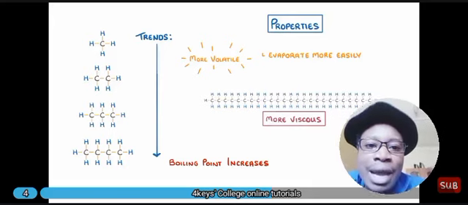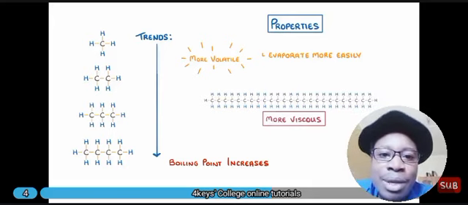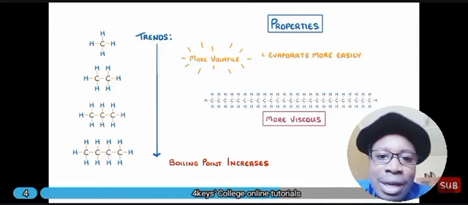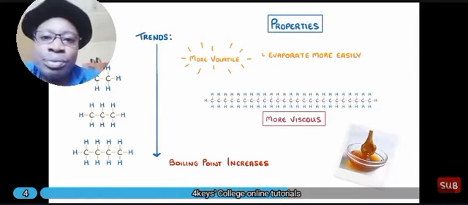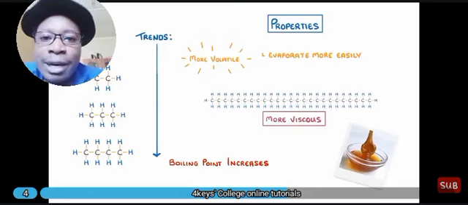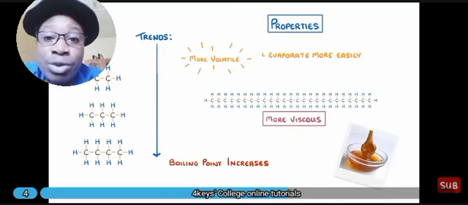These ones are viscous, meaning that they are sticky, just like honey. As you increase the number of carbon atoms, you start to see more viscous alkanes. And at the top there, where you have a lesser number of carbons, you have more volatile alkanes.